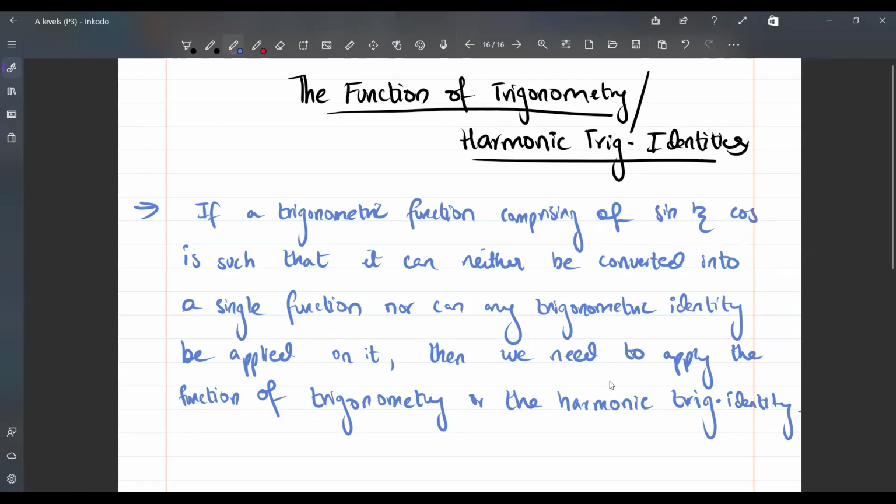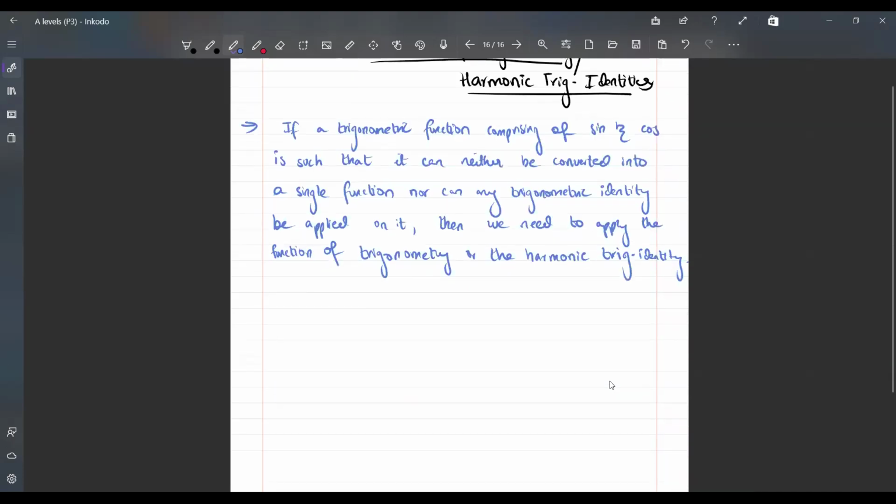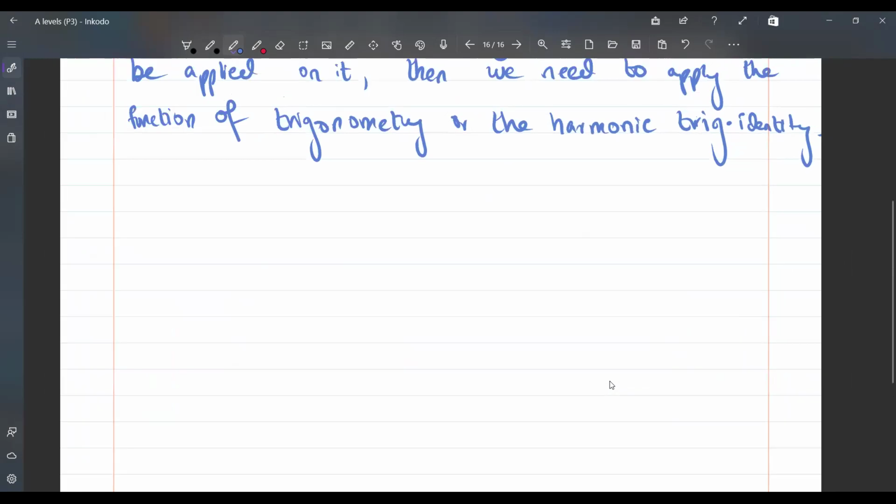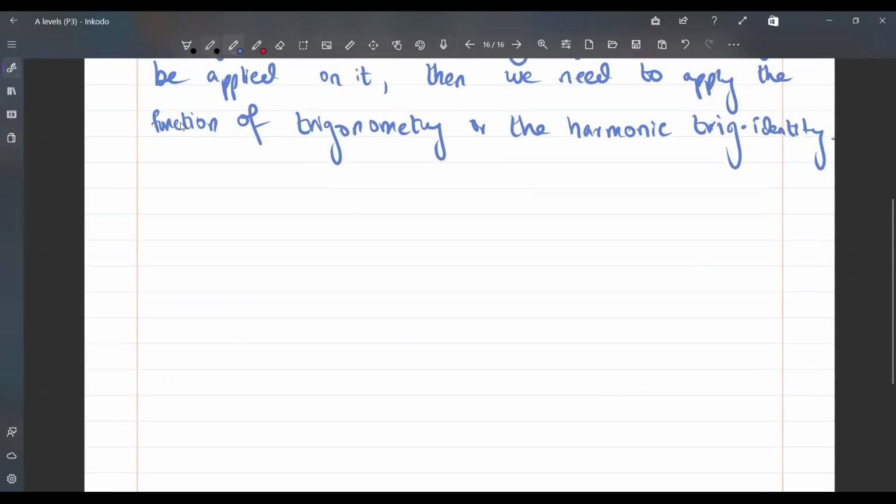So first, let us consider cases in which a trigonometric function can be converted into a single function, and then we will consider cases in which it cannot be, and when we need to apply the harmonic function. So let's start off with when we do not need to apply harmonic trigonometric identity.